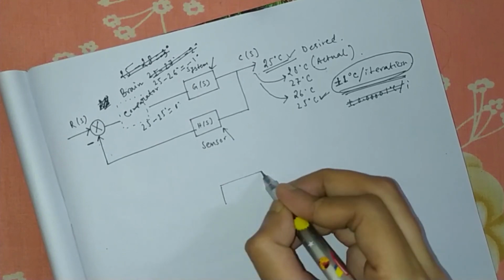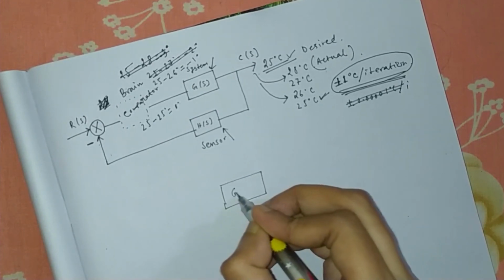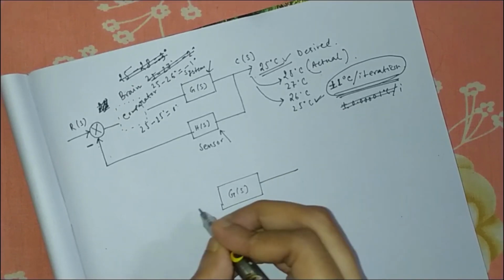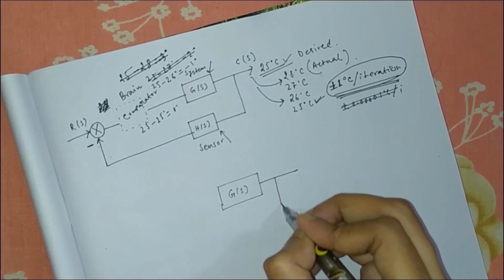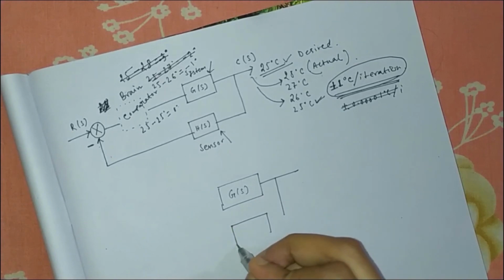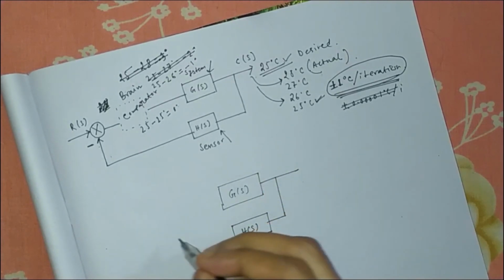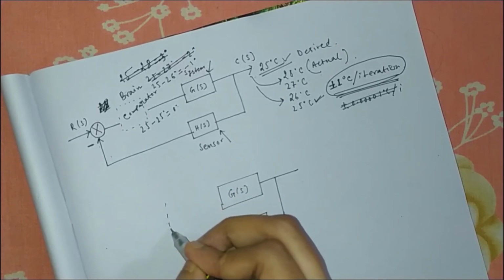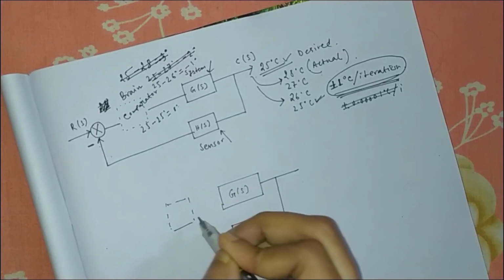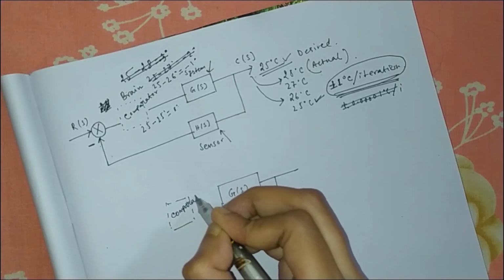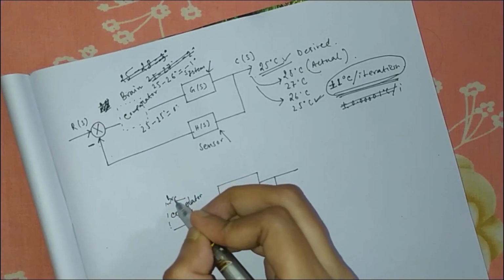Again, this is my G(s), which is my actual system, and this is my sensor H(s). This is my comparator, or brain, I can say.